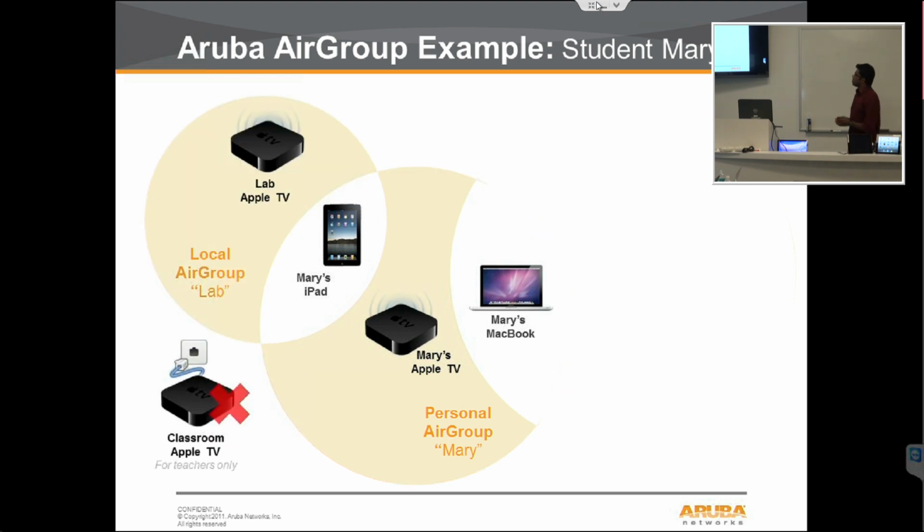If Mary walks into a lab, there's a common or shared Apple TV that everybody can use. Her AirPlay icon should automatically get populated with that common device. She should be able to use that.